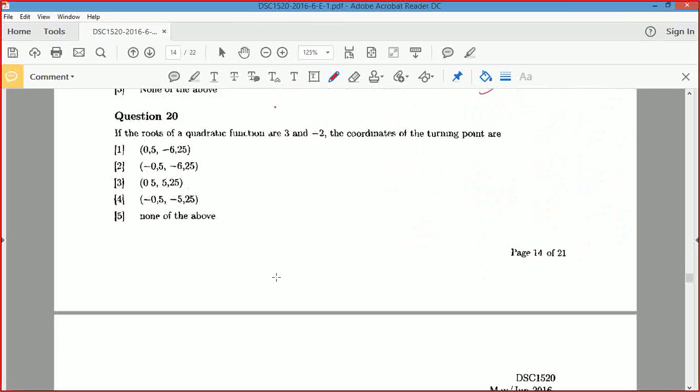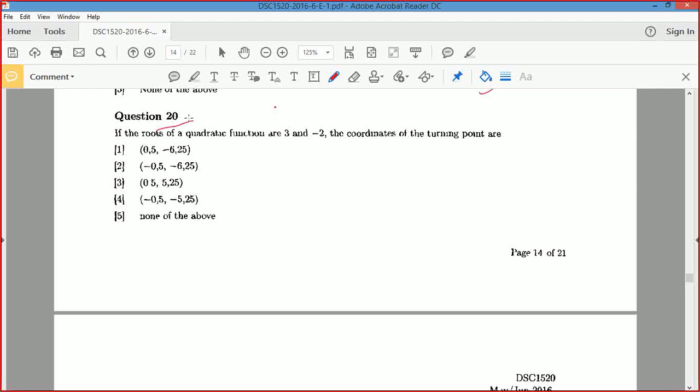Right, question 20. If the roots of a quadratic function are 3 and minus 2, the coordinates of the turning point are... Okay, what does roots refer to?